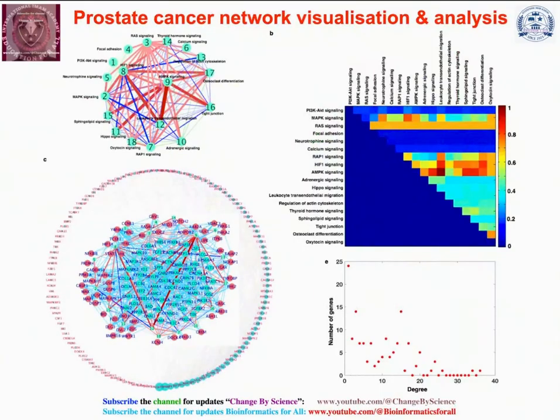So this further visualization could be done in another way. For example, here the pathway network, then gene components or proteins, the components of the pathways, then their crosstalk scores, and then the degree of all the genes or proteins present in this particular network.